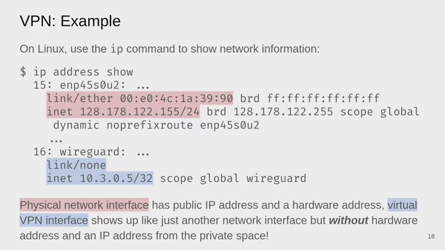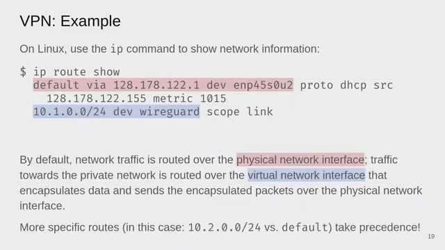Now, if you are connecting to any internal service in this network, the routing tables on your Linux system will be set up so they can go through this internal system, right? You've got the physical network interface with the public-facing IP address, and the virtual VPN interface has your internal address. Anything you send to this internal address is being packaged by the VPN software on your system and then being sent out on the external one.